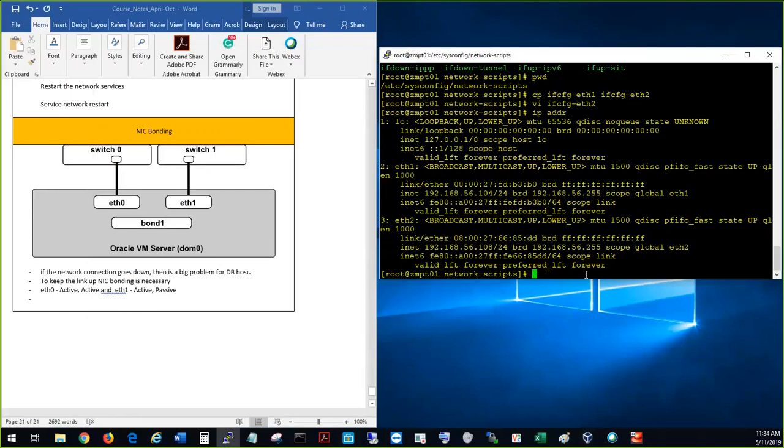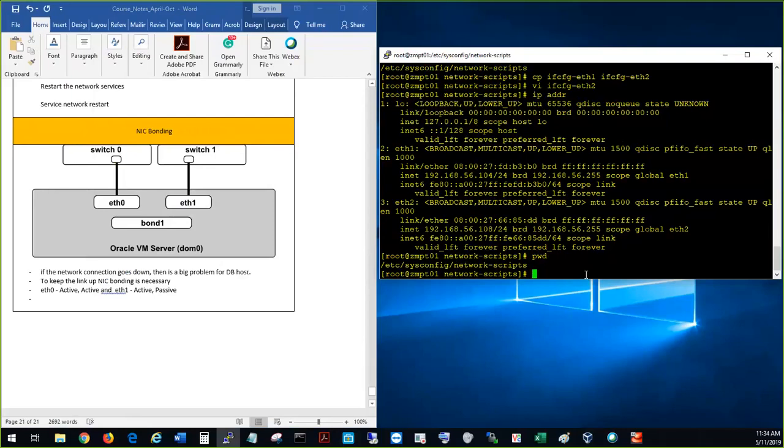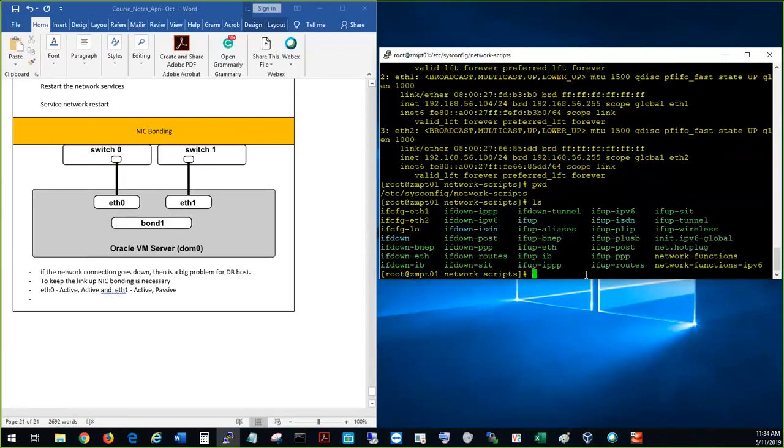So you are in this folder, right? And then you do ls here. Right now you should have only ETH3, and ETH4 should be missing. No, it says ETH0. Okay, so ETH0 is there because you have been playing around and you haven't made ETH3 permanent in here.